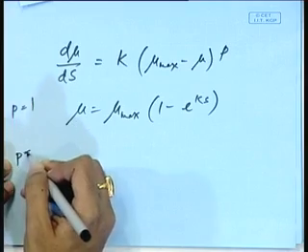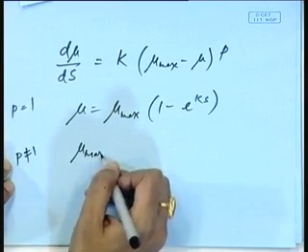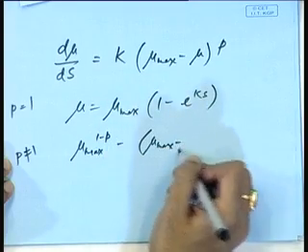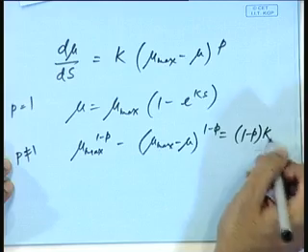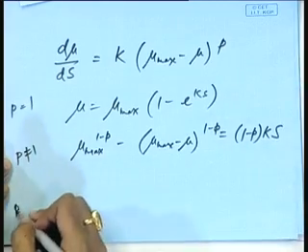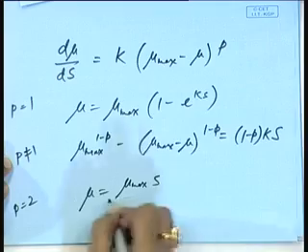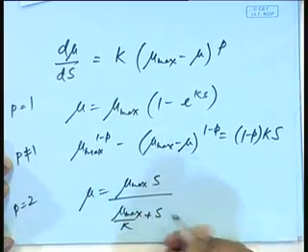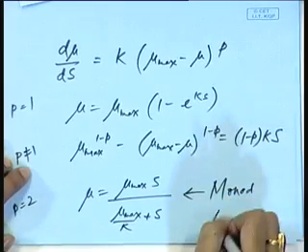For p not equal to 1, you get mu max minus mu into 1 minus p equals 1 minus p k s, and for p equals 2, you get mu equals mu max S over k plus S. This is the Monod model.